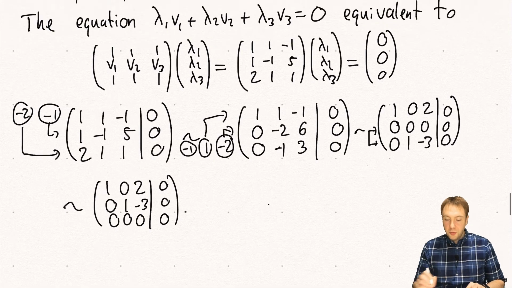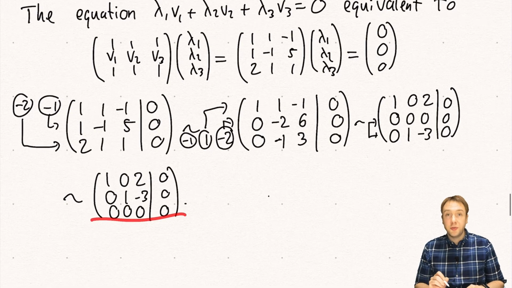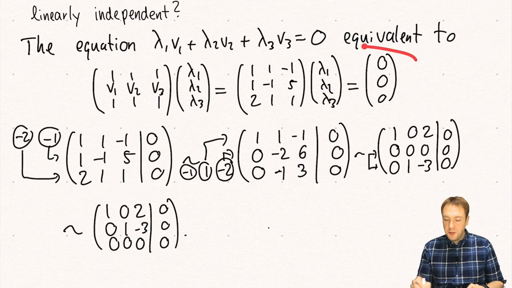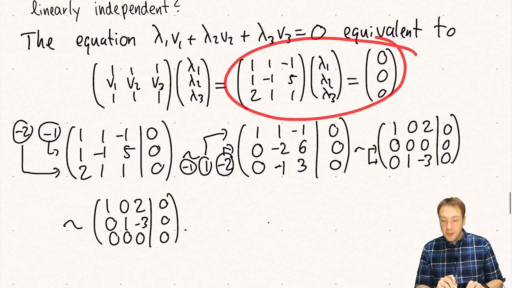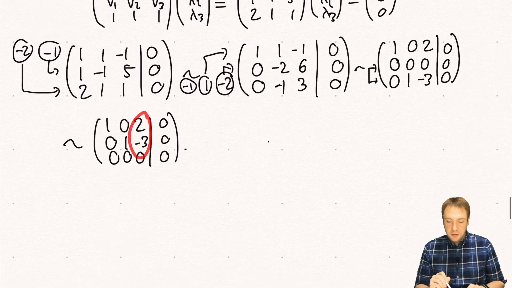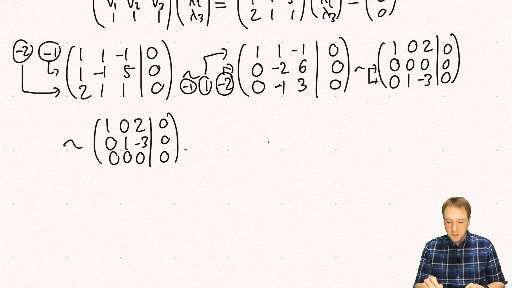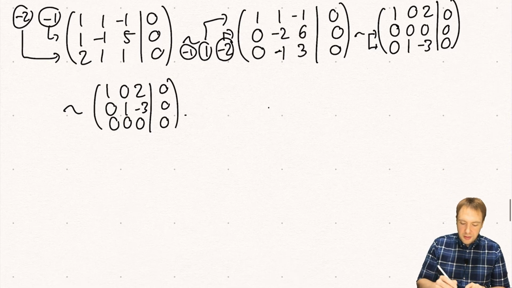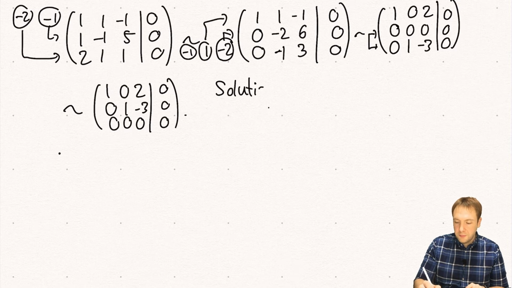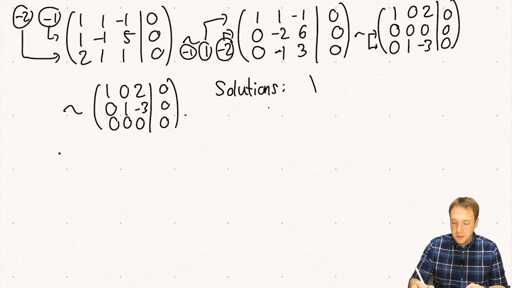Okay, so this is the row-reduced echelon form of this augmented matrix, and therefore we can read off the solutions of this linear equation here by seeing, oh well, there's a free variable here, so we don't have a unique solution, and the solutions are given by lambda 1, lambda 2, lambda 3.